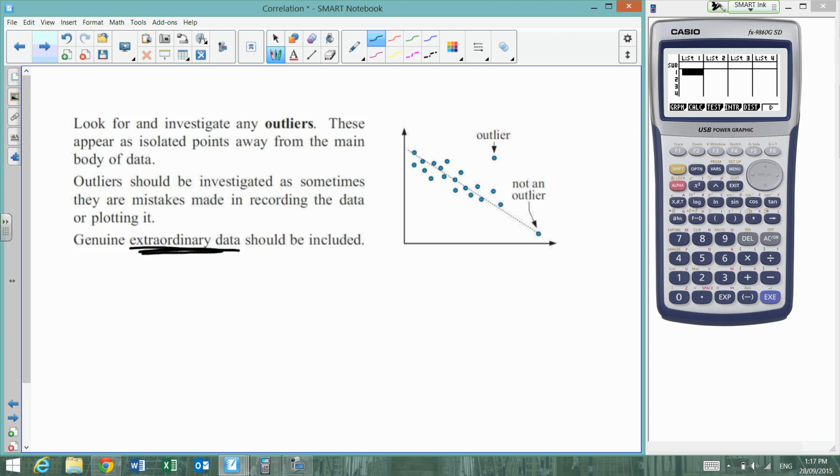We use the example of plotting time studied for tests versus marks, and you have someone that has spent quite a lot of time studying for their tests but achieved no marks. Well, that's still a valid piece of data. Sometimes it will be unclear whether a piece of data is actually valid, but it's important to remember that if it is valid data, it needs to be included.